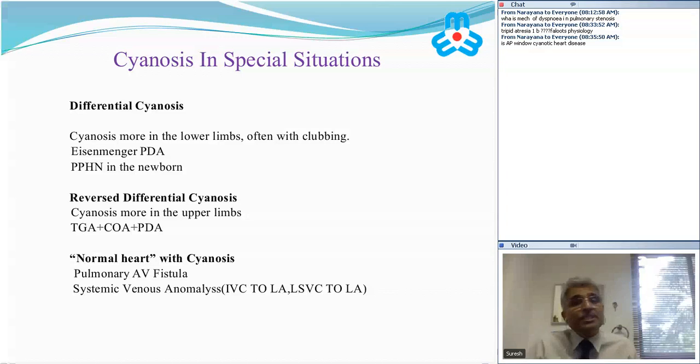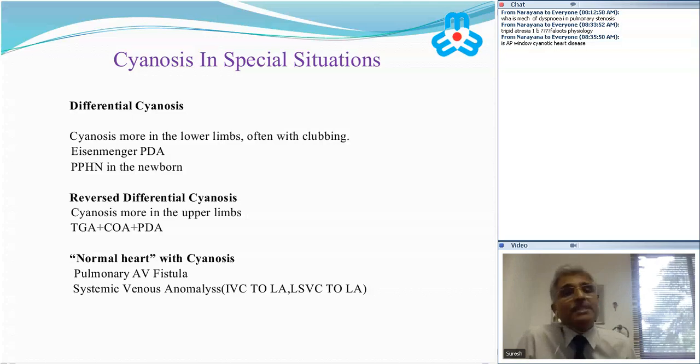The situation of differential cyanosis can be reversed if the heart is not normal but is having PDA. In this case, what comes through the duct is at a better saturation, and therefore you will find higher saturations in the lower limbs.